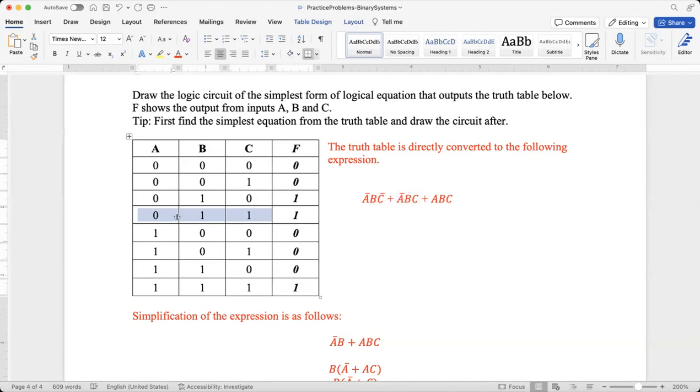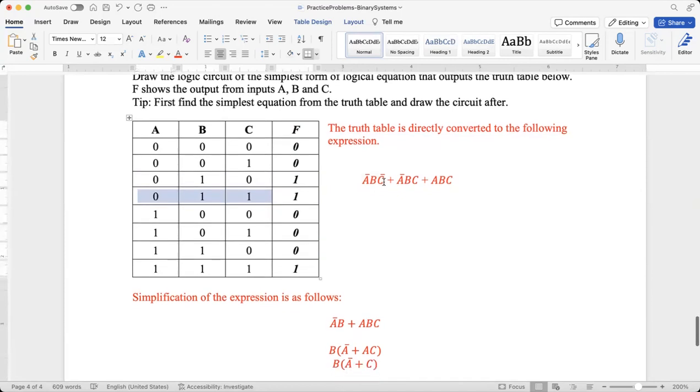Not A, B, C is going to be our expression for the second line, and then we are going to have another OR to write the third and last expression. As you can see, all of them are ones, so we are just going to write A, B, C here.